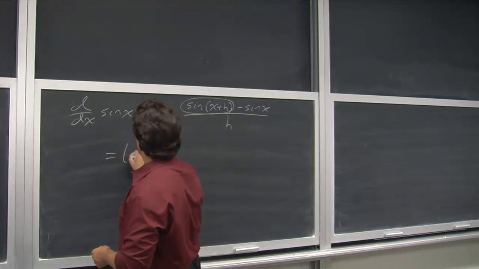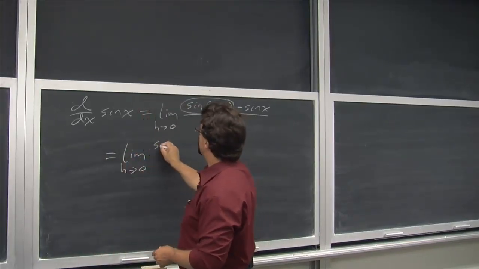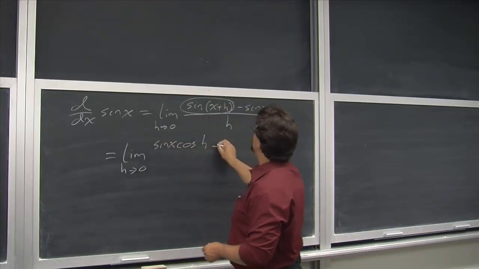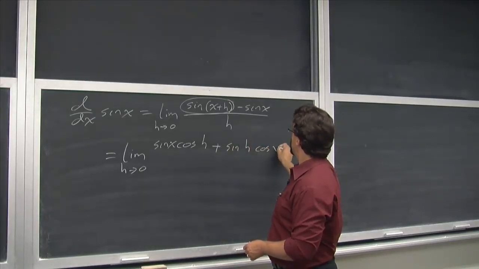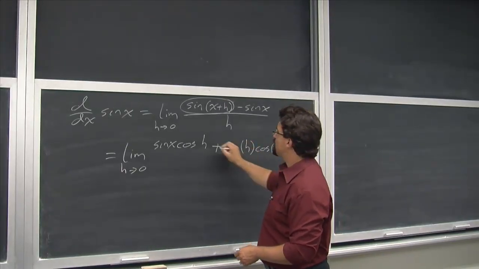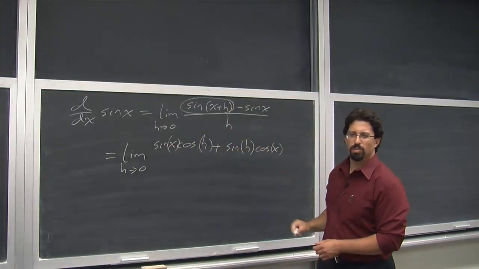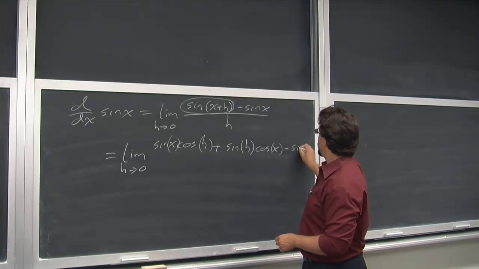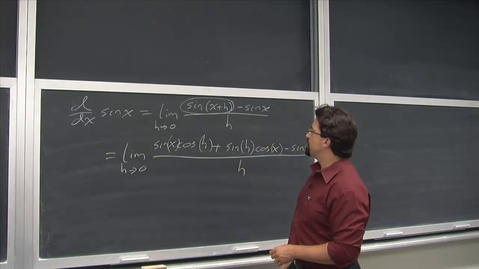So since it's the only possible step, that seems like a pretty good step to take. So we take as our next line the limit as h goes to 0 of sine of x cos of h plus sine of h cos of x. And just because sine h and cos h are their own functions, you might want to put everything in brackets so it doesn't look quite as strange. And then we have minus sine of x, and the whole thing is divided by h.